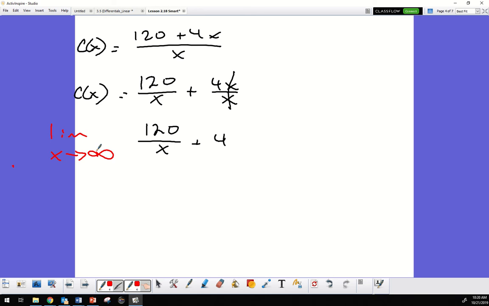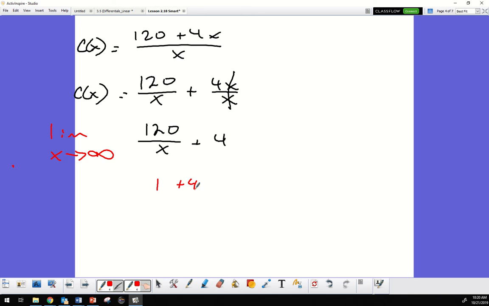So you don't actually have to do this math, but let's take a look. If x is 120, what does this turn out to be? It's 1, right? So that would be 1 plus 4.